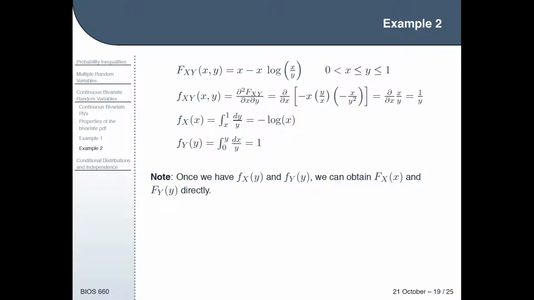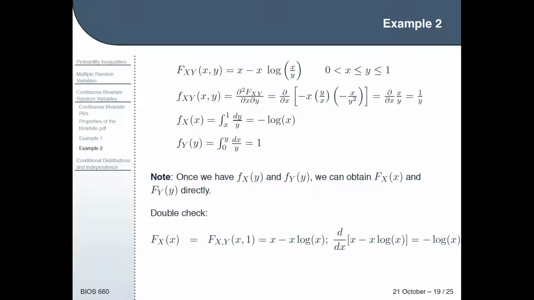So, given the joints, given the marginal PDFs of f of x, and well, that's a typo, that should be f sub x of x and f sub y of y, not that it matters that much, but I'll try to remember to fix that. We can obtain the marginal CDFs directly.